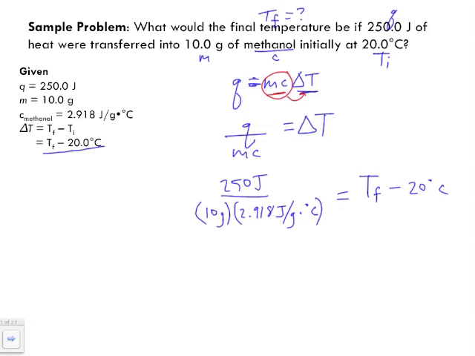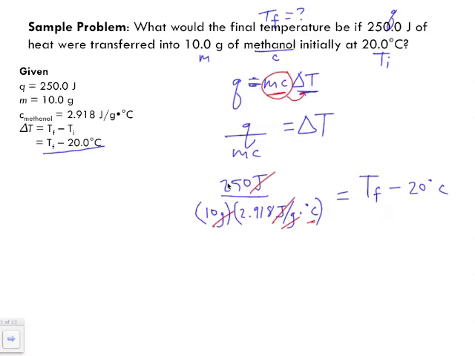What we're going to see here is that joules is going to cancel out, grams is going to cancel out, and our final units are going to be degrees Celsius, because that's what we're actually going to get.